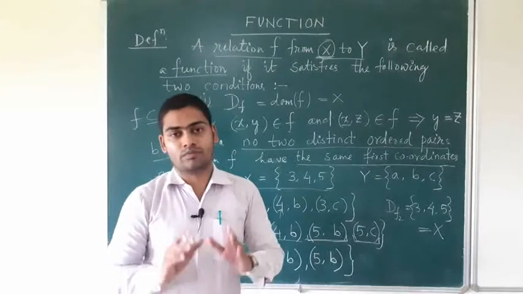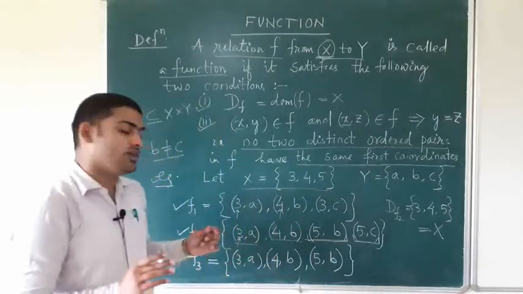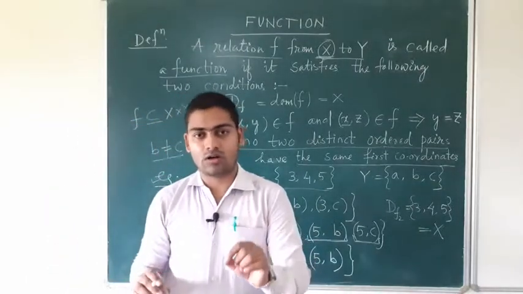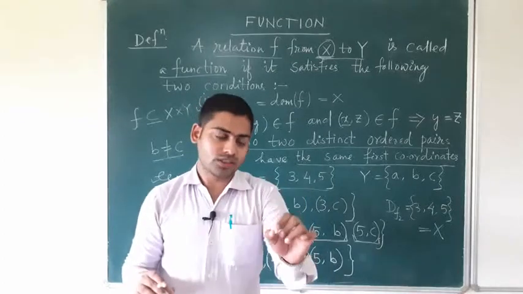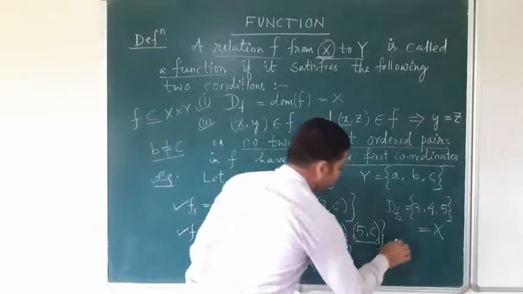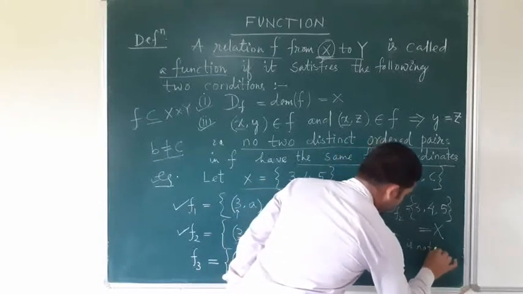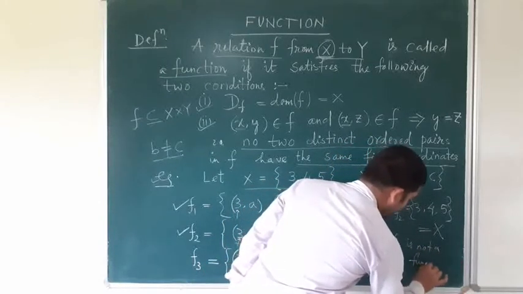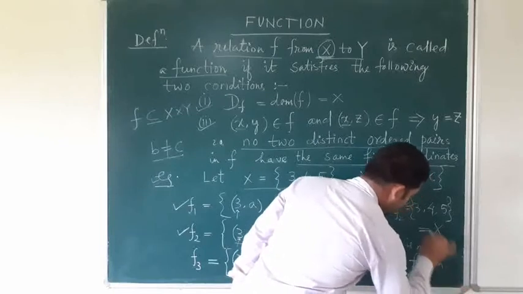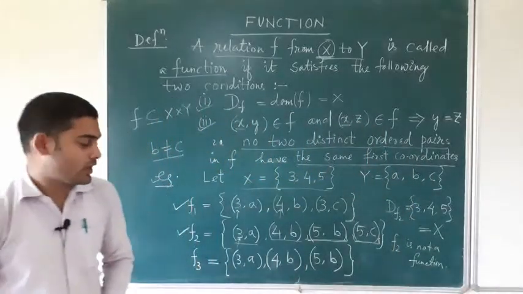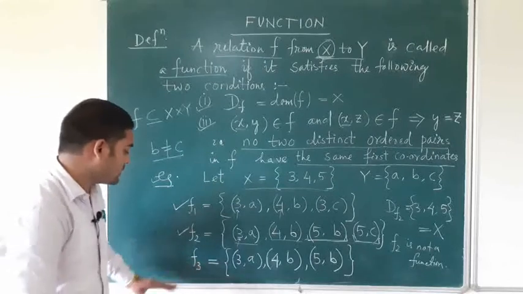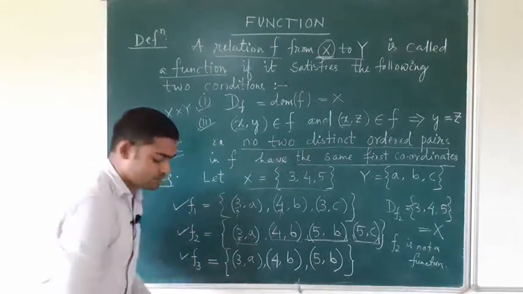That's why relation F2 is not a function. So, you can write relation F2 is not a function. Now come to the relation F3.